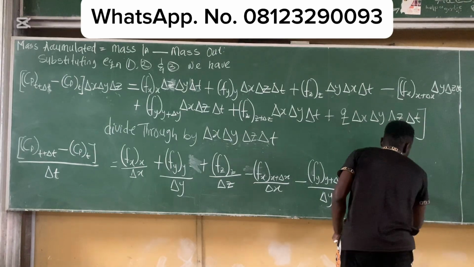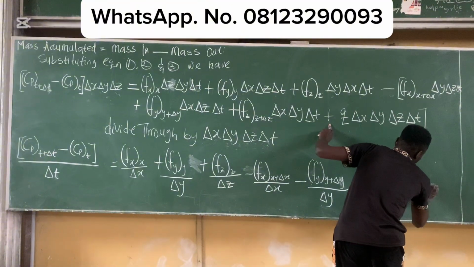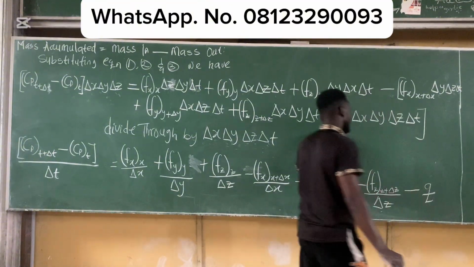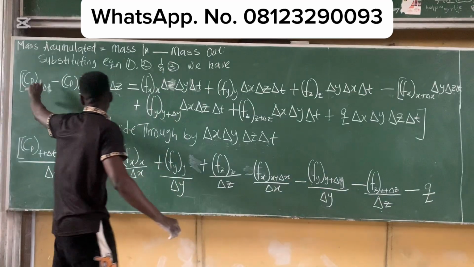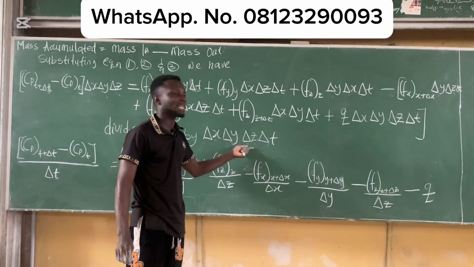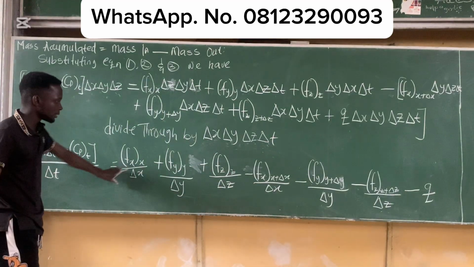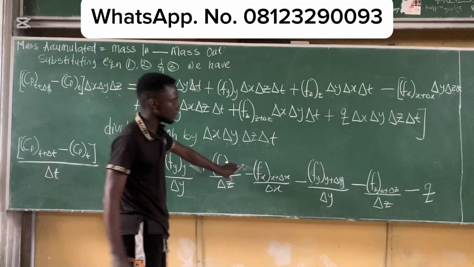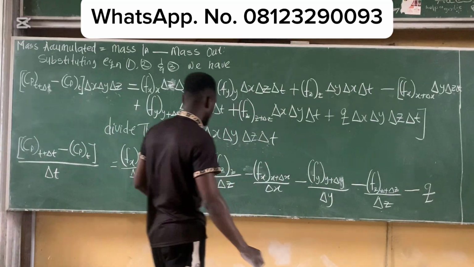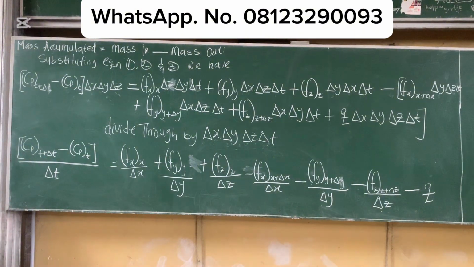So we'll be left with minus plus will give us minus q. So if we divide this equation by delta x, delta y, delta z, and delta t, we are going to have this particular equation. So since we have this, the next step now is to collect like terms.